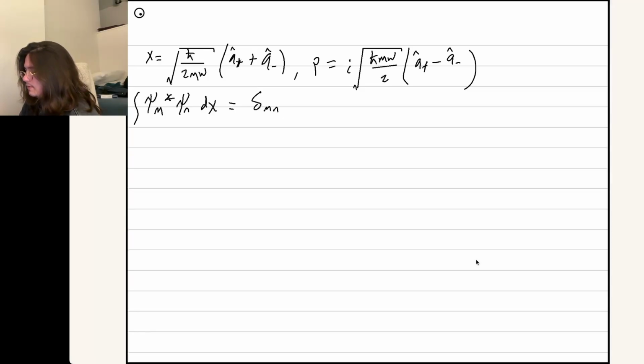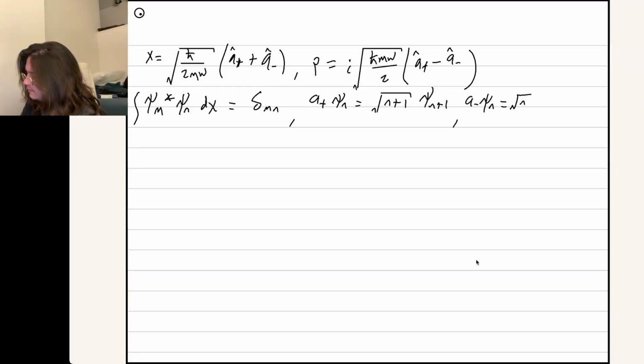I'm also going to make use of the fact that if you act the raising operator on a state psi n, you get root n plus 1 times psi n plus 1. And if you do the same with a lowering operator on psi n, you just get root n times psi n minus 1. So that's how we're doing this, right?